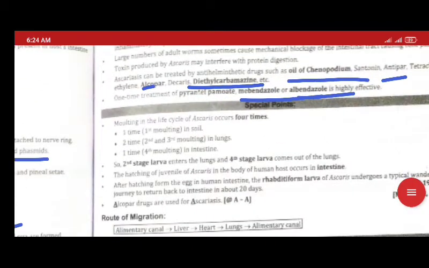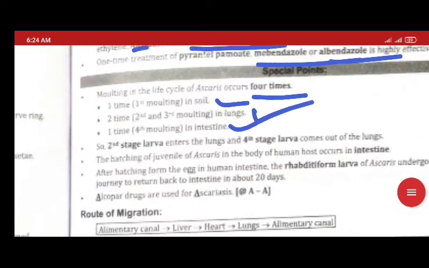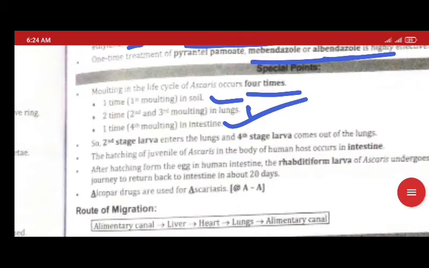Now some special points. Now molting is 4 times, I have told you. First molting in soil, second and third molting in lungs, and fourth molting in intestine. I have told you that. So second larva stage goes into lungs, and fourth larva stage comes out of lungs.